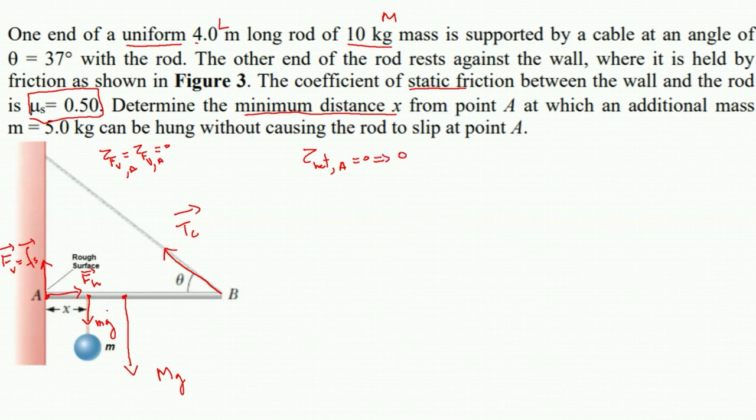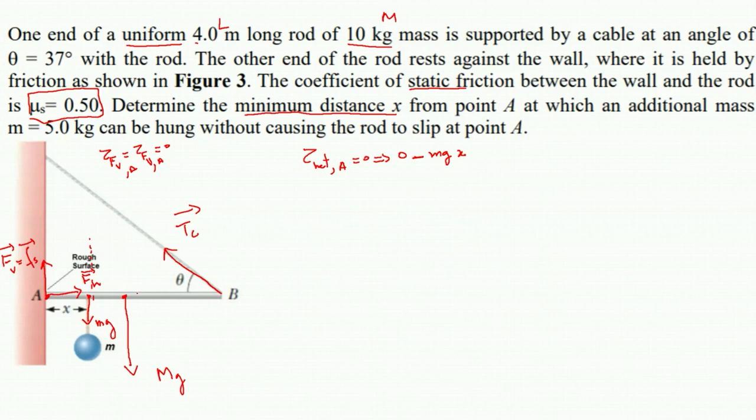Now, what is the torque of this mg, the small mass? Of course, it's negative. So it will be mg multiplied by the moment arm. What is the moment arm here? Of course, it's x. Here I use the fact that this is my line of action, and the moment arm is this distance, x.